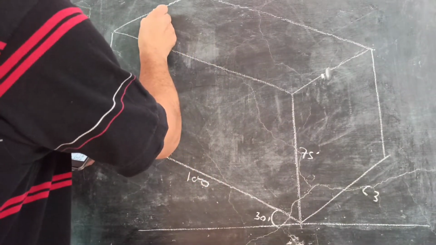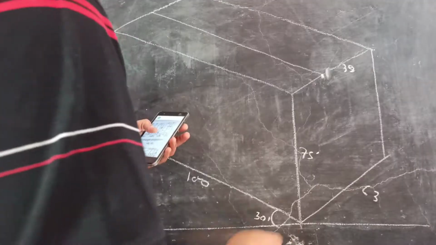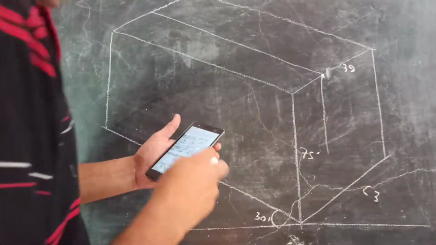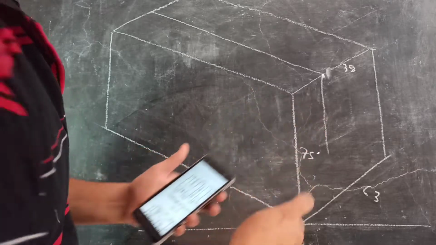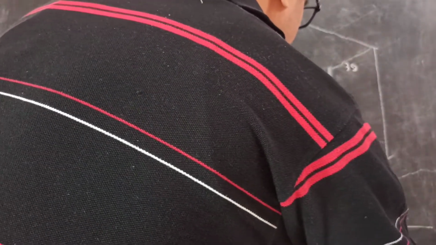This is 38. So draw a line parallel to this at 38. Okay. Then you can bring this downward. The height of the leg of this is 25. So this is 25.